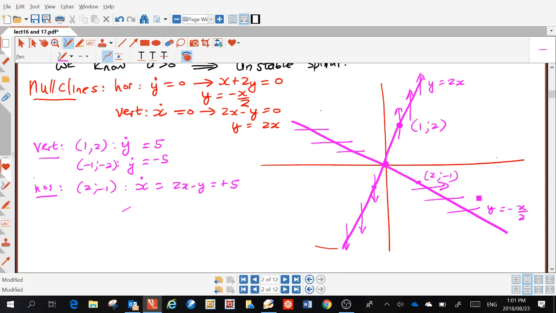So this thing is flowing that way, plus 5. You take a number on this side, say minus 2, 1. x dot will be minus 4, minus 1, which is minus 5. So you can take any number that lies on the line.